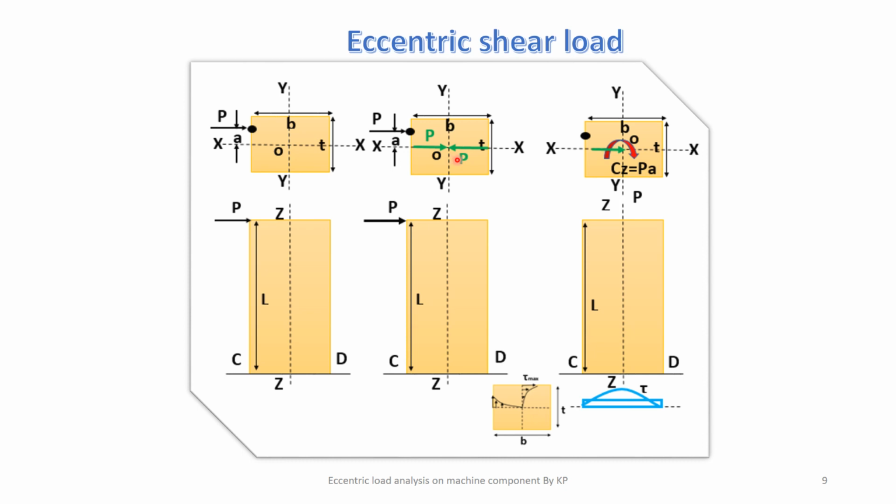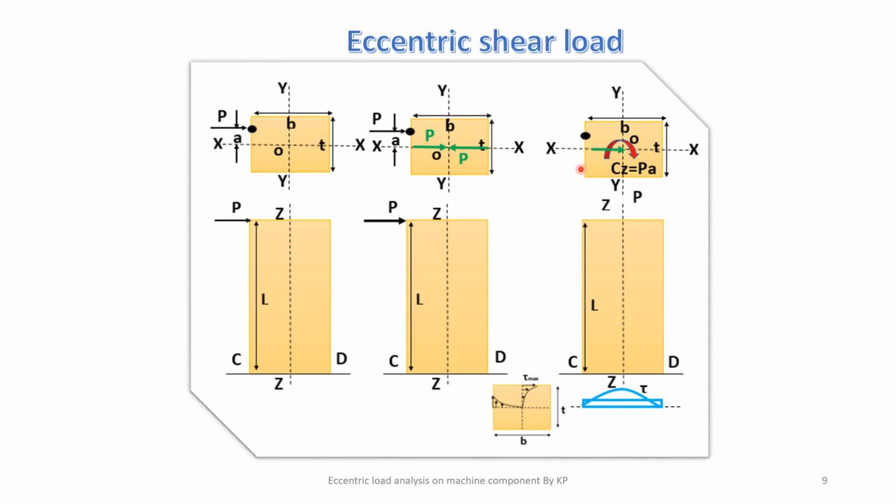So the only remaining thing is the shear load at the center, and the couple which is clockwise in direction, whose value is equal to PA, and this couple is about the z axis.